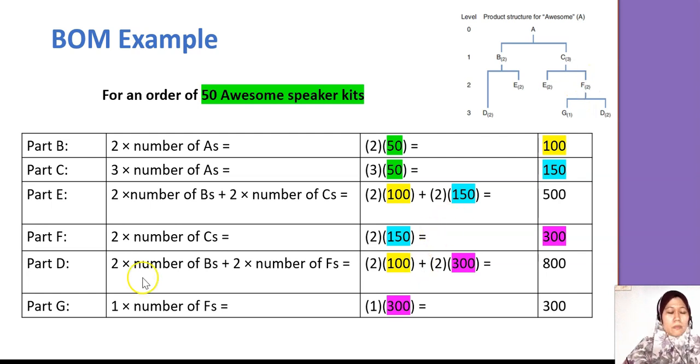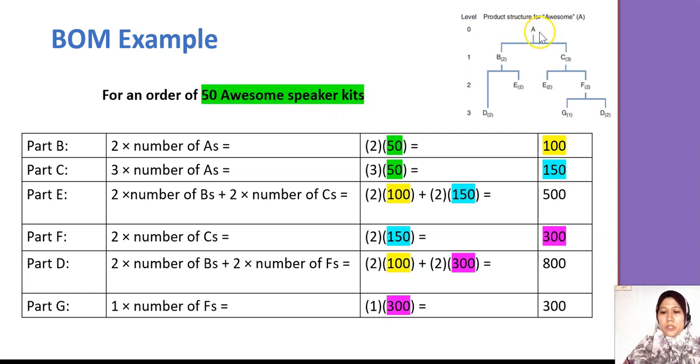B is 100, and F is 300 as we calculated, so you add up and get 800. And for the last one, G, you only need 1 of this, so 1 times F is 300, so you get 300.